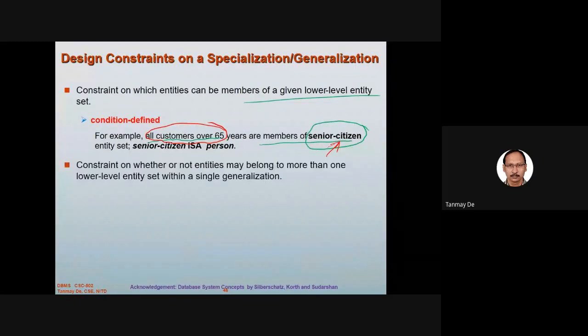These are the different categories. These are very advanced or very crucial things that come up when we draw the ER diagram.